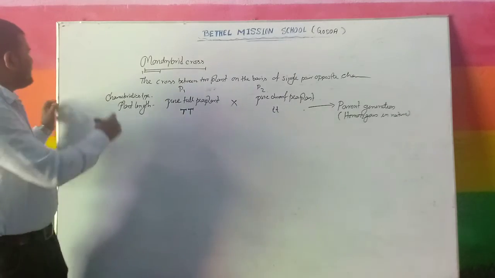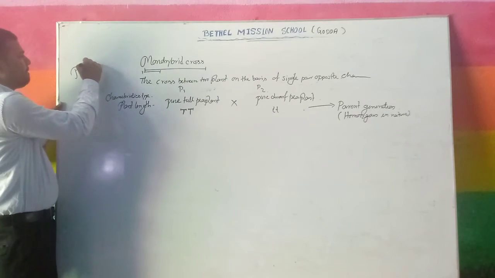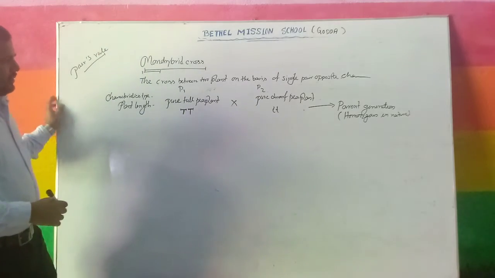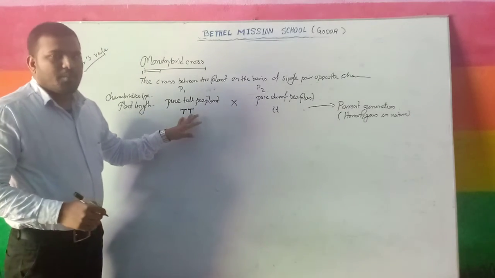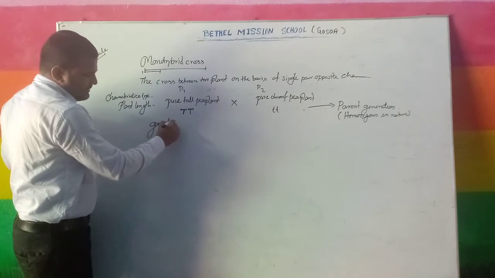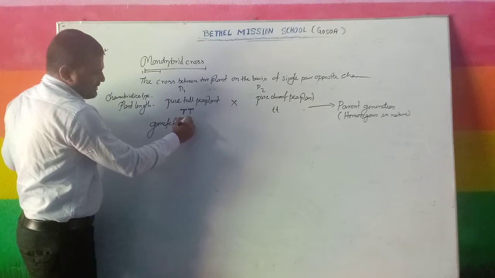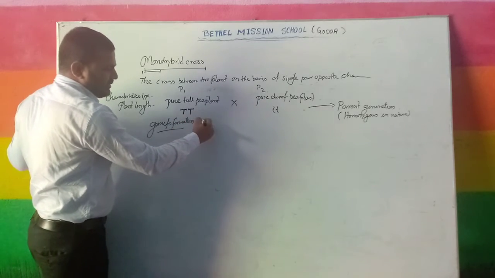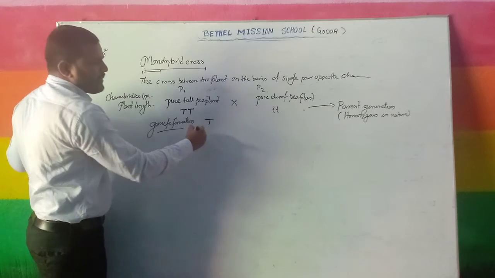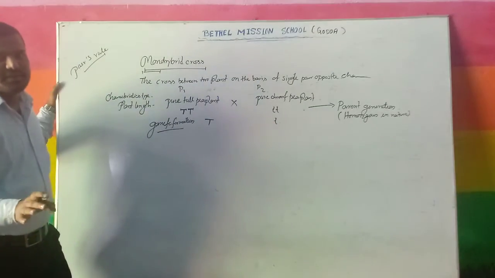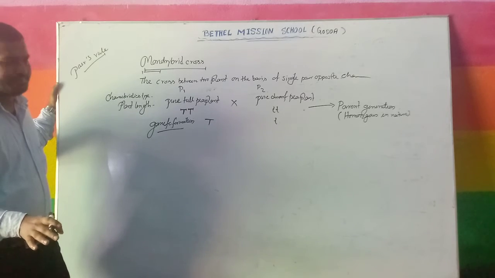Now, we know Mendel's rule: two genes are always in the form of pairs, only during gamete formation. It means during meiosis cell division, the genes are going to be separated. The separation of genes or the separation of traits takes place.